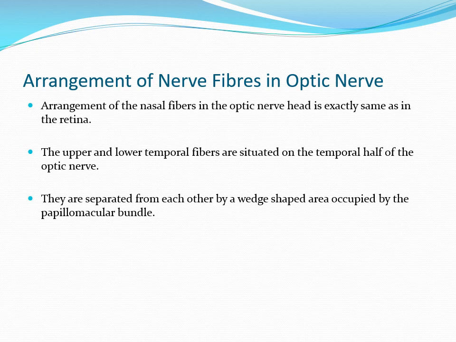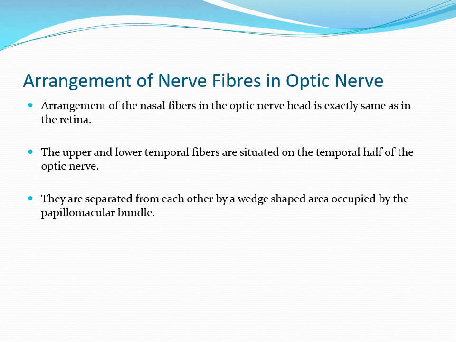The arrangement of the nasal fibers in the optic nerve head is exactly the same as in the retina. Upper and lower temporal fibers are situated on the temporal half of the optic nerve. They are separated from each other by a V-shaped area occupied by the papillomacular bundle. You have to remember that the optic nerve differs from other cranial nerves.